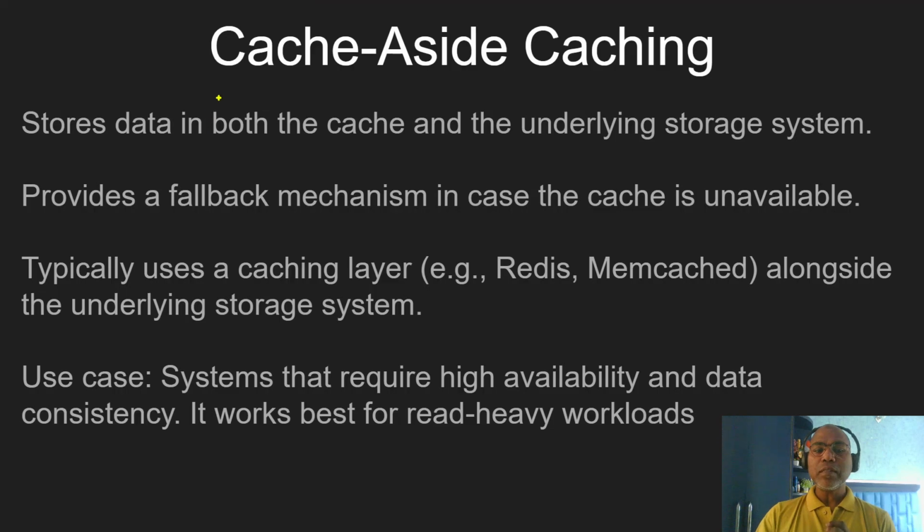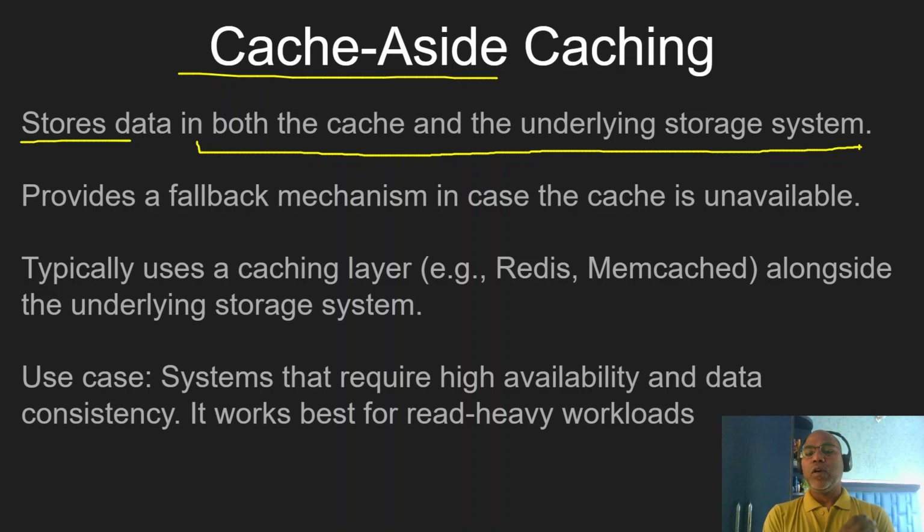As mentioned, cache aside means we store data both in the cache as well as the underlying storage system. The objective is to store data in both, but provide a fallback mechanism in case our cache is unavailable.